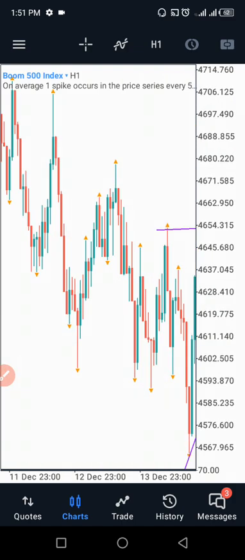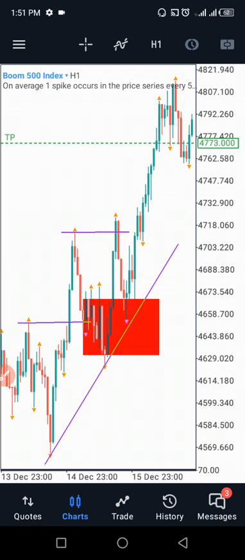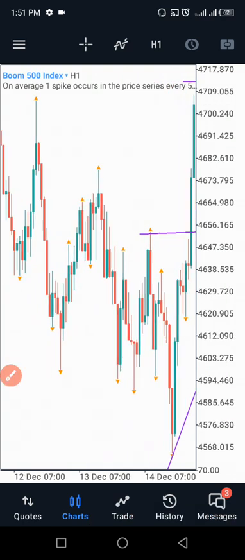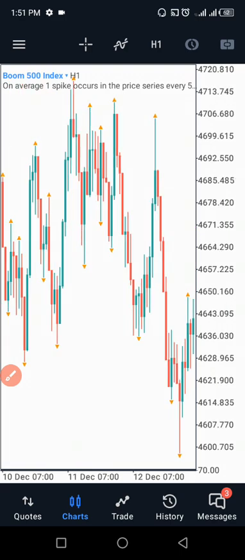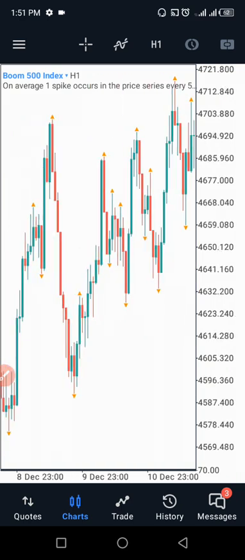While we make use of a trend line to determine the trend of the market, whether market is moving upward or downward, we want to make use of support and resistance in a ranging market. It will be best to make use of support and resistance in a ranging market.